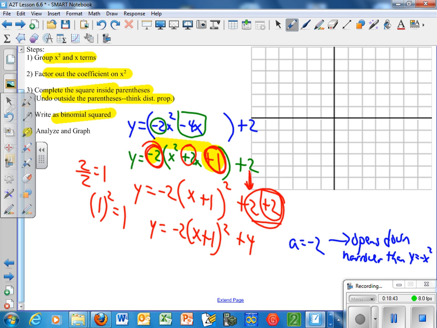The axis, let's do the vertex. The vertex, I take the opposite of this sign. So the vertex would be negative 1. Same sign as this number, negative 1, 4. So it's been moved left 1, up 4. And the axis of symmetry equation is x equals negative 1.